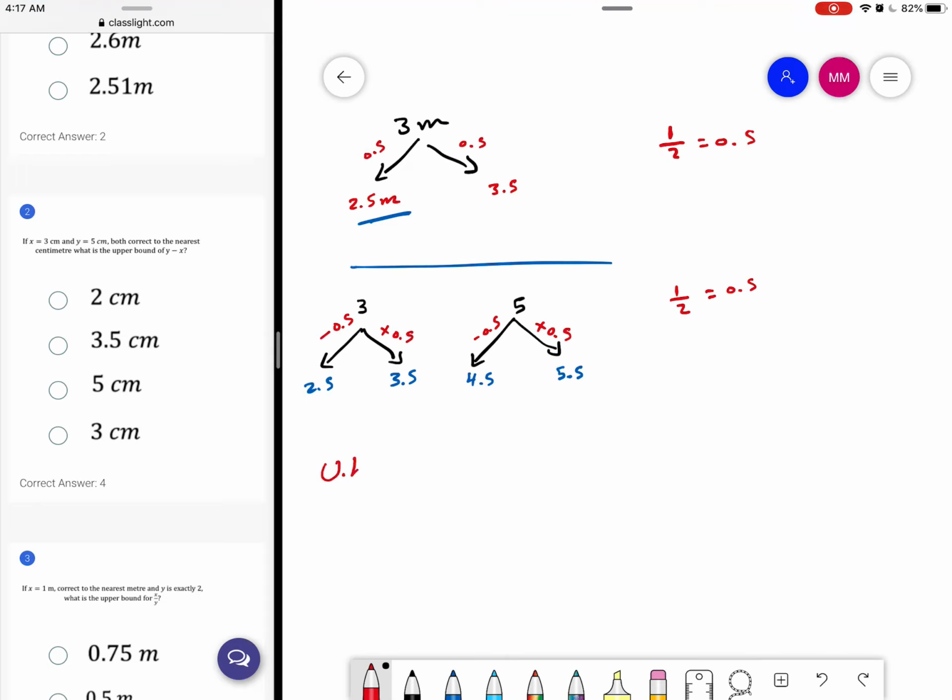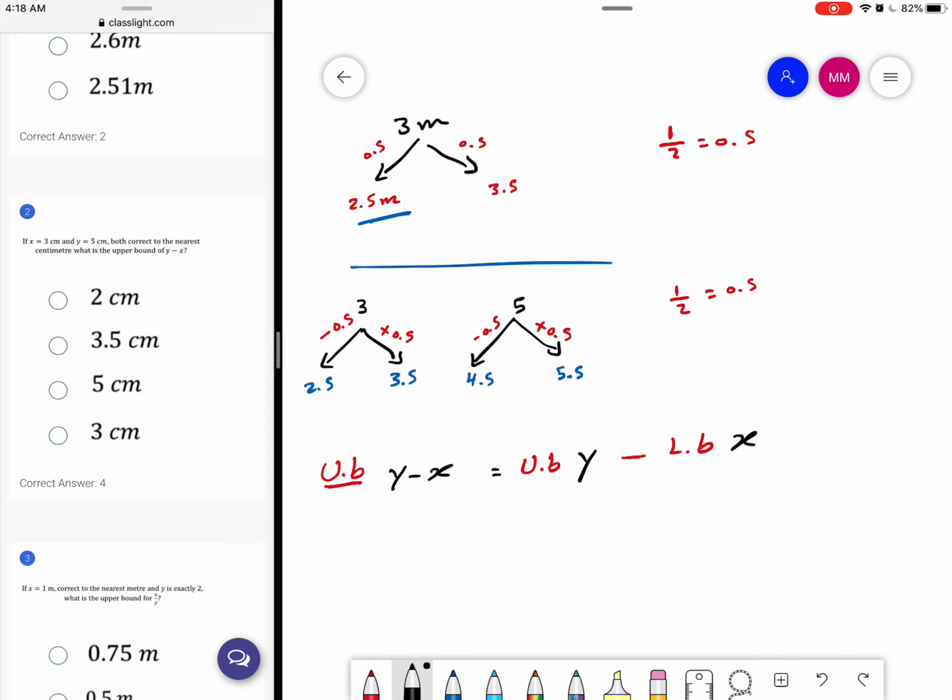I need the upper bound of y minus x. To calculate the upper bound of y minus x, this is subtraction, so it will be the upper bound minus the lower bound. So I will write upper bound of y minus lower bound of x.